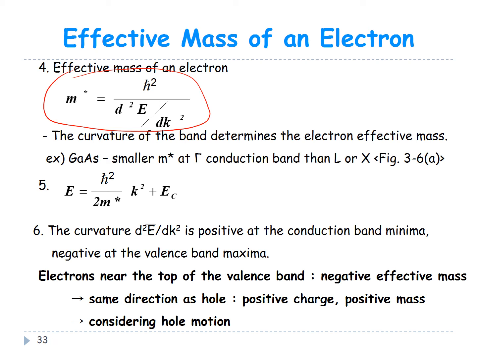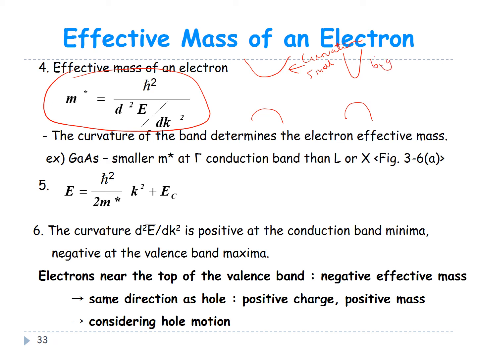conduction band. So if we have, for example, two semiconductors, one which looks like that and the other which looks like this, it means that here the curvature is small, but here the curvature is big.